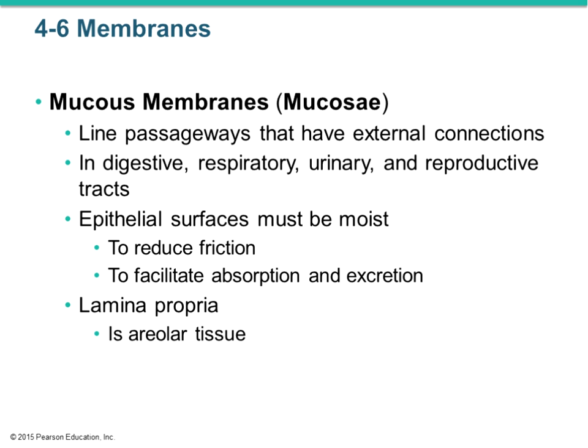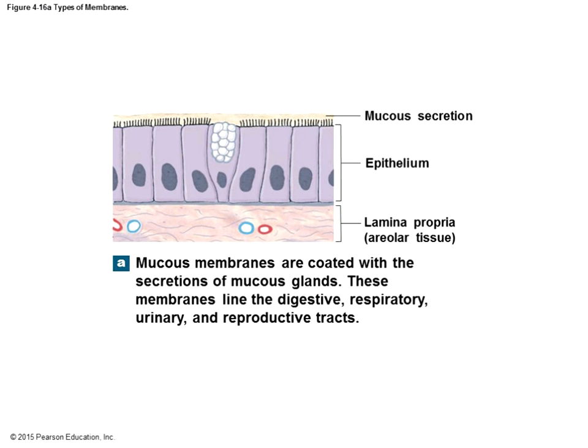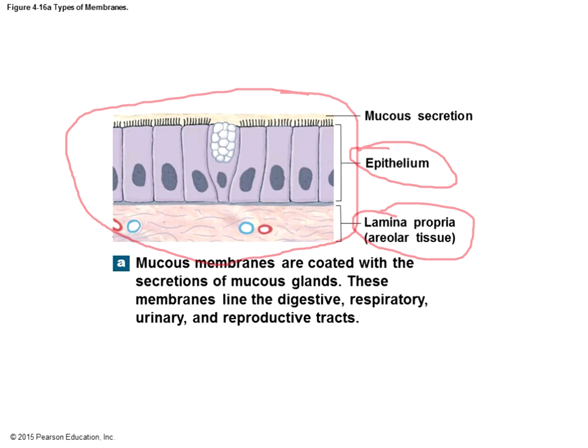You want those pathways to be moist so that materials can move through and digestion can continue on without issue. That epithelial component is attached to a connective tissue we call lamina propria, made of areolar connective tissue. If you look at the slide, it'll look familiar. It has an epithelial component attached to a connective tissue component. Collectively, we call that a mucous membrane.